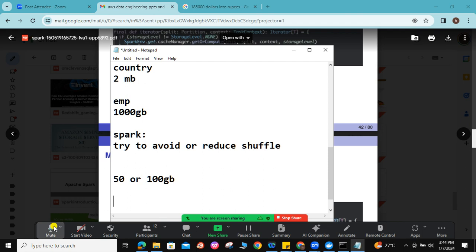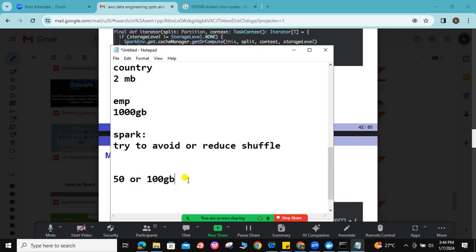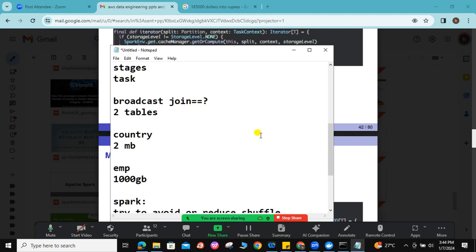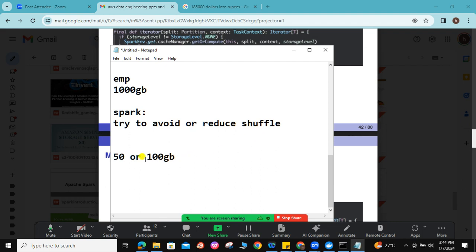Okay, all right. So with 50 or 100 GB of data in your project, you are lucky. In some projects you need not worry about all these things because your data is very small. This is also okay, so you need not follow a lot of performance techniques.